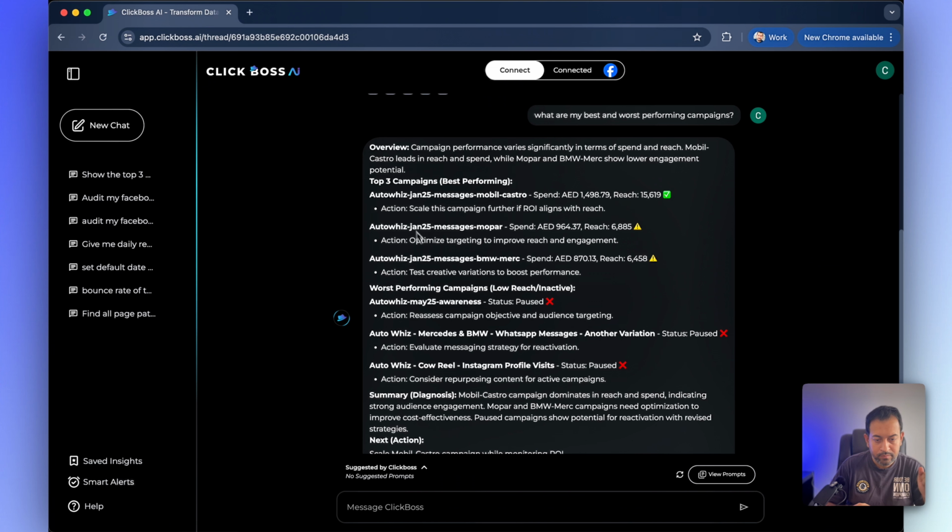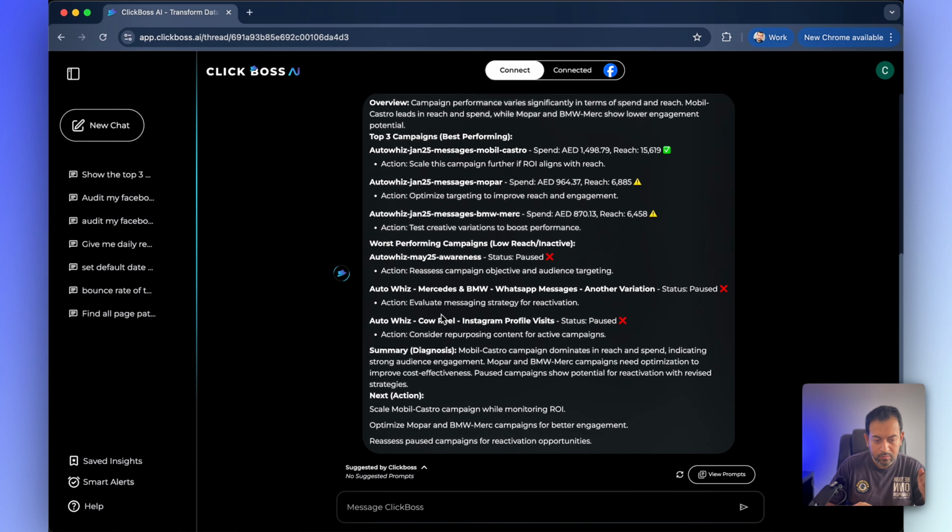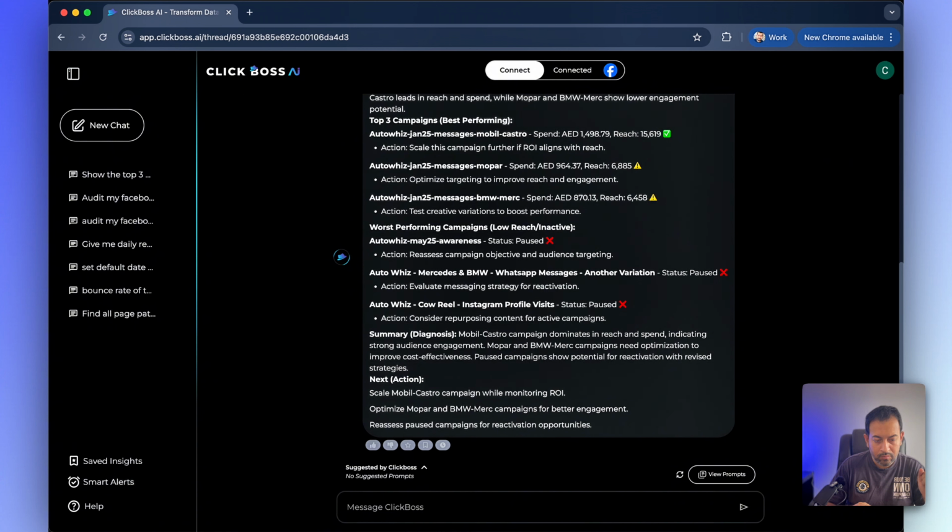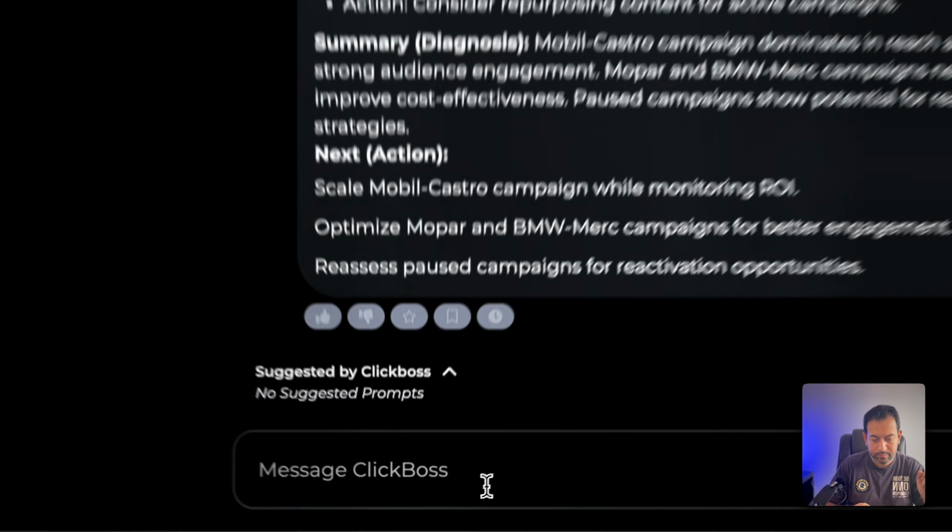It gives me the top 3 best performing campaigns, and okay, it included the past campaigns as well.